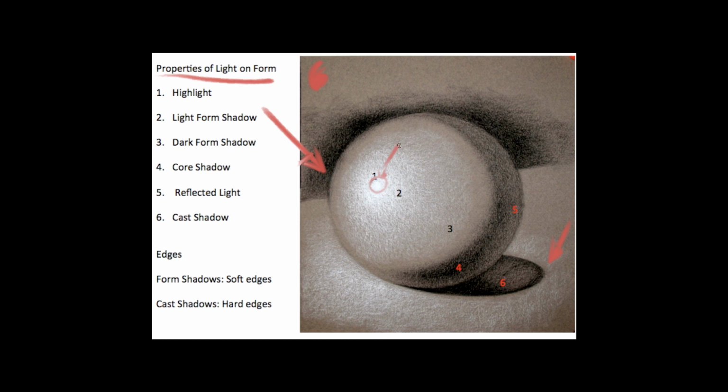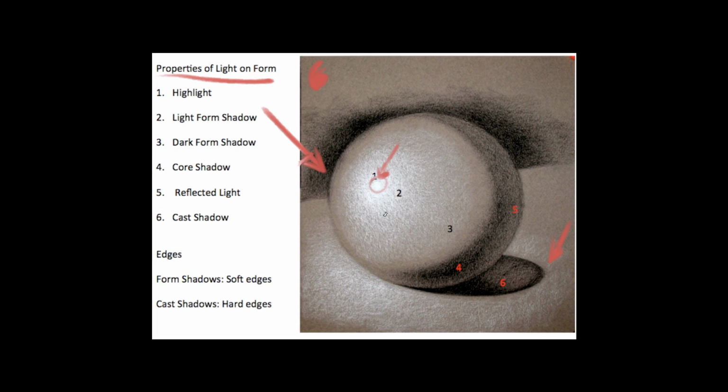There are times when the highlight will show up really clearly, depending on the surface of the object. If it's very shiny or glossy, or if it's wet, you'll have an obvious highlight. But if it's more matte, it might not even show up. But the brightest area of a drawing is the highlight, and that is receiving light at 45 degrees.